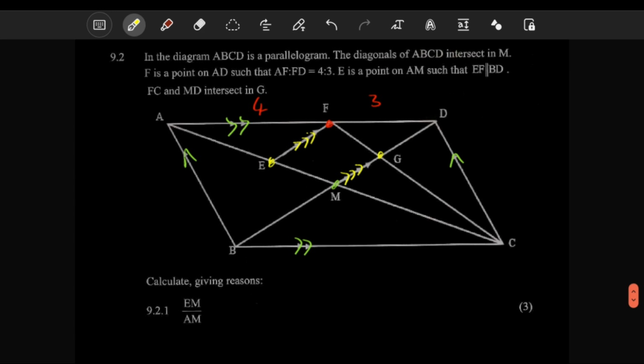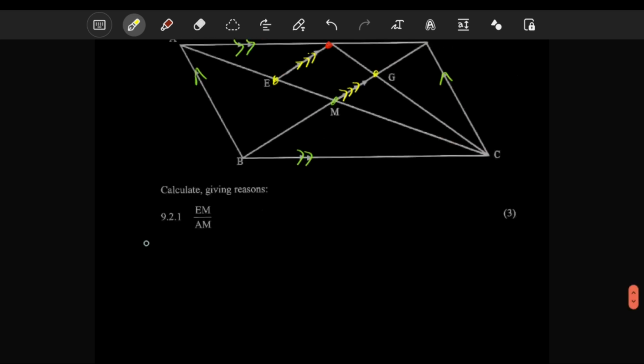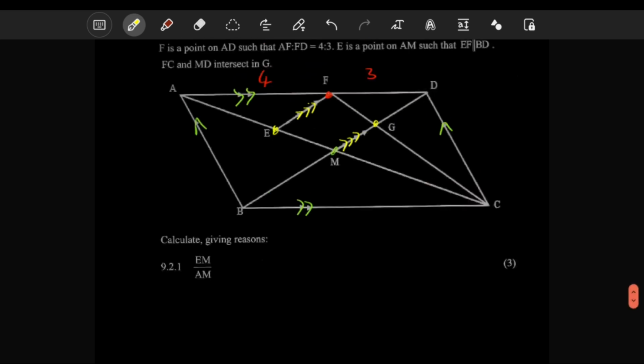That one is at least quite easy, because we know that AF over AD is equal to EM over AM, because of proportionality of similar triangles.